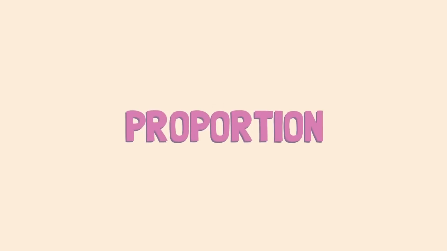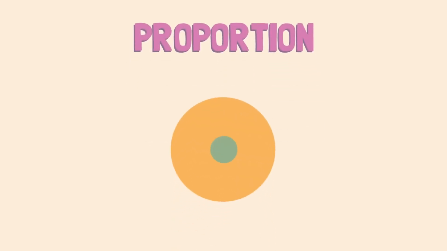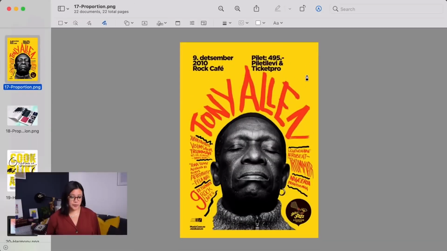The next principle of design is proportion. Proportion is the sense of unity created when all of the design elements in a composition relate well to each other, and that can add balance and harmony. So for instance, on this specific poster, we have a good sense of proportion with the different typographical elements.